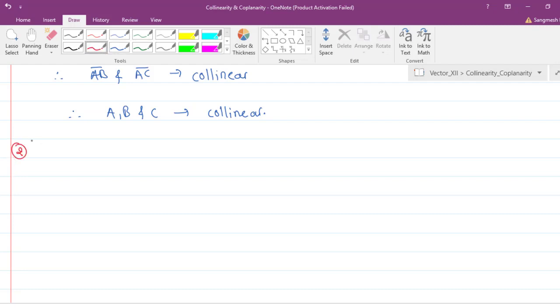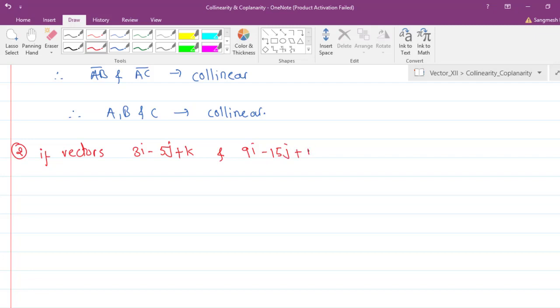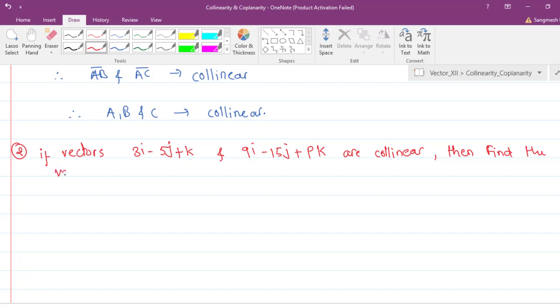If the vectors 3i minus 5j plus k and 9i minus 15j plus pk, where p is a scalar and this k is our unit vector along the z-axis, are collinear, then find the value of p.